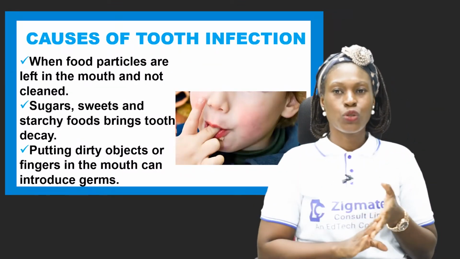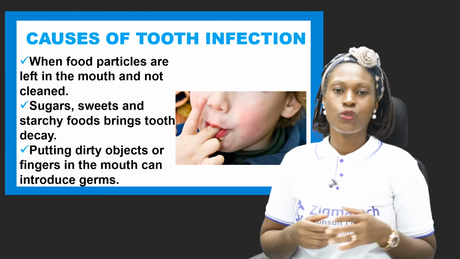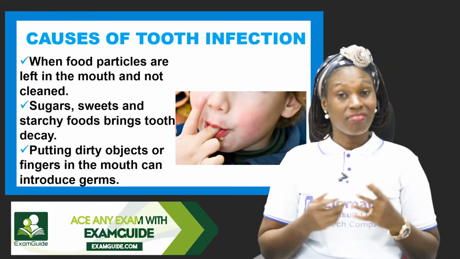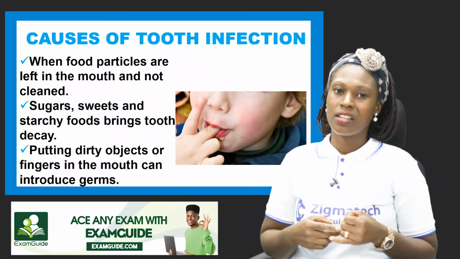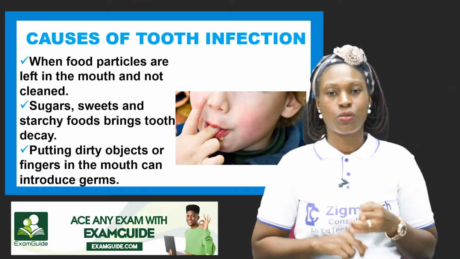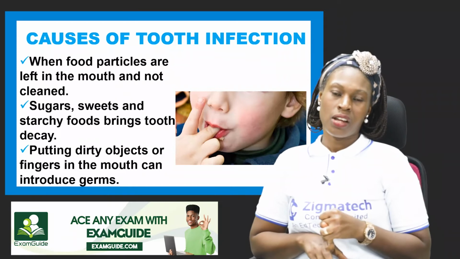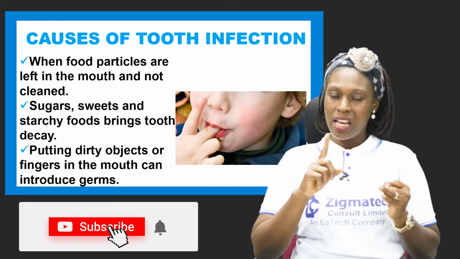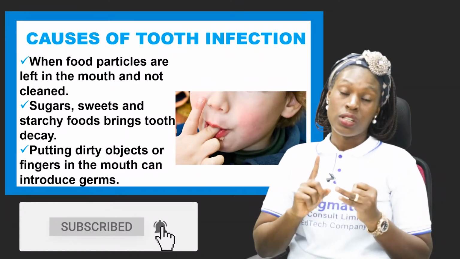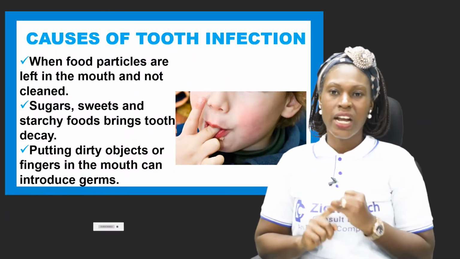Now, there are some causes of tooth infection. When food particles are left in the mouth and are not cleaned, it could result in tooth infection. So you need to clean your teeth so they don't get infected.